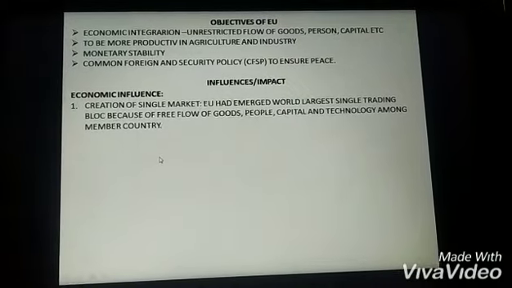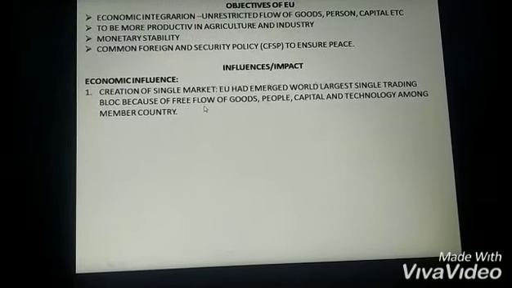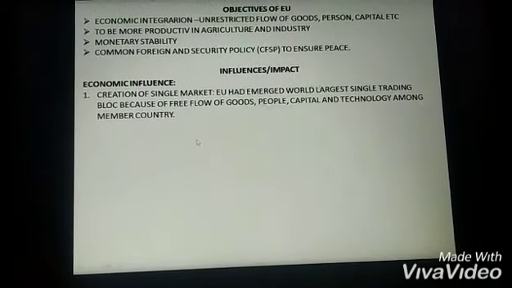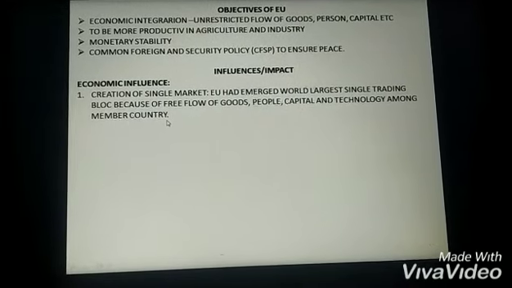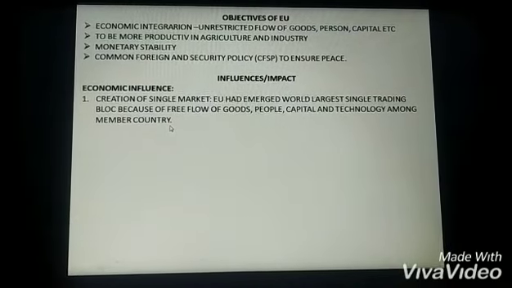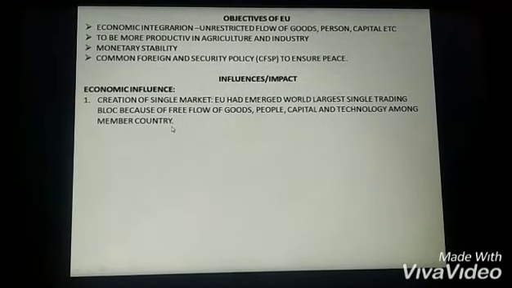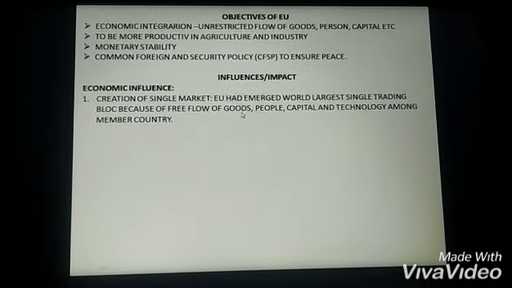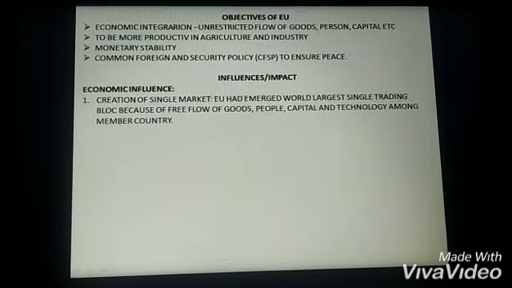So that is what it means. And because of this, they have a free flow of goods, people, capital, and technology among the member countries. They have made sure that there are no trade barriers among the member countries.